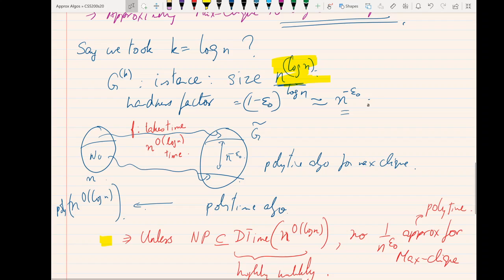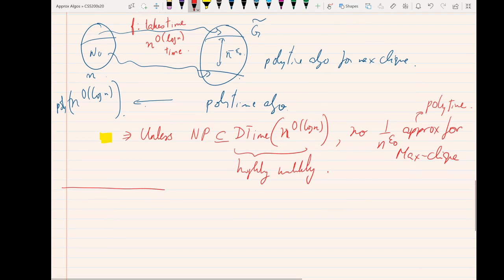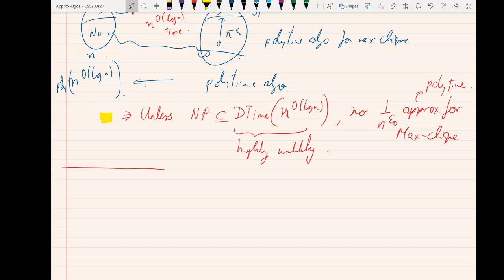I won't stress this factor more at this point, but it's useful to remember that this falls in the same line of hardness results, in fact all hardness results that we prove: if phi had a polytime algo, then something bad happens.